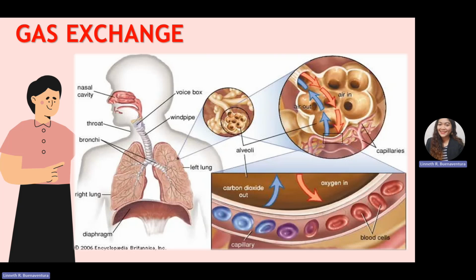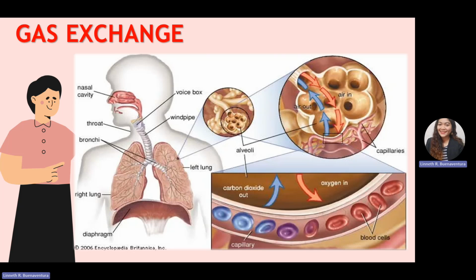We have the nasal cavity, an organ responsible for filtering the air and also moistening the air before it enters our lungs. We have the throat, or pharynx, and the voice box, or larynx. Those are the passageway for air and sound production.